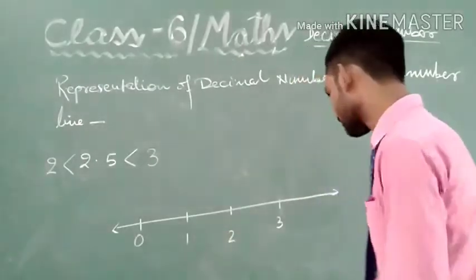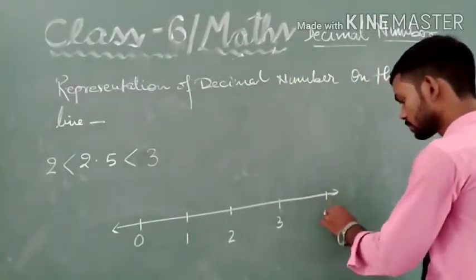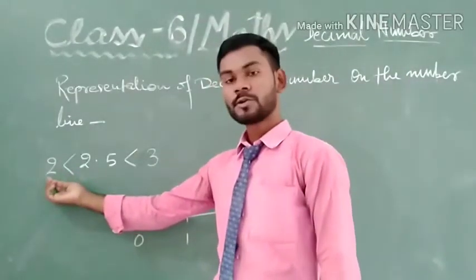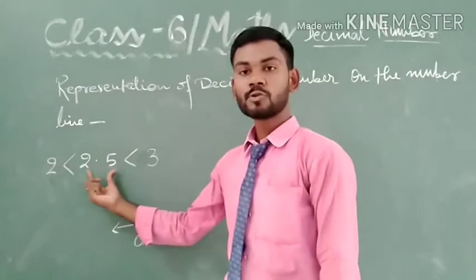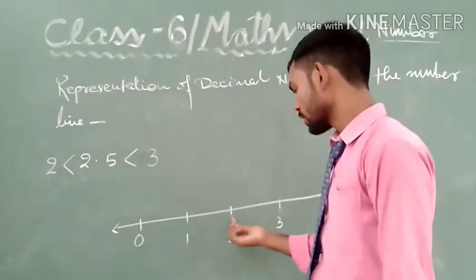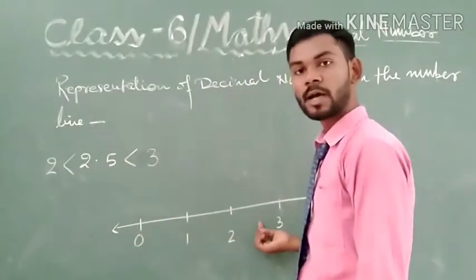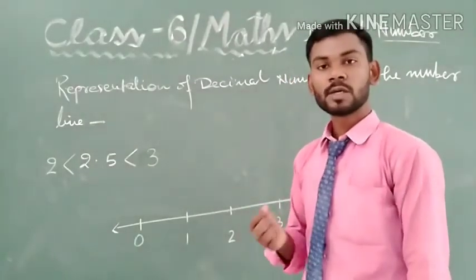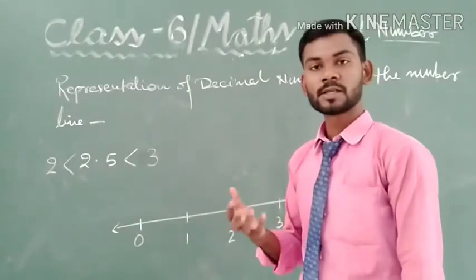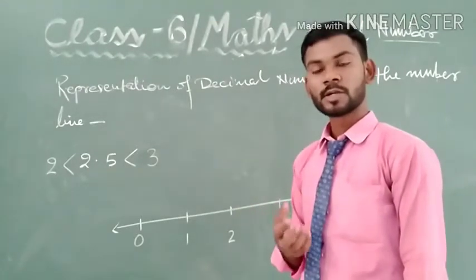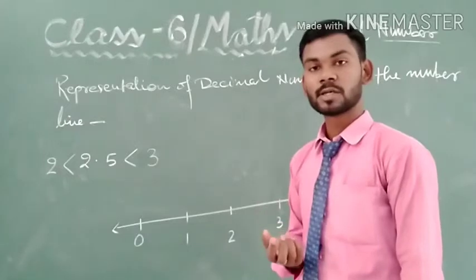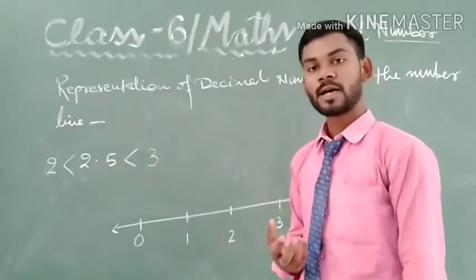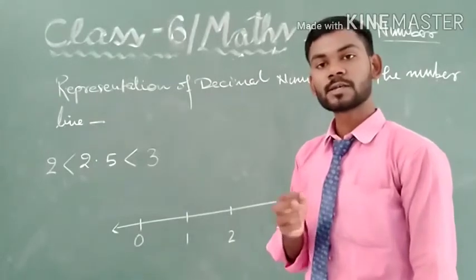Here we can see that 2.5 is greater than 2, which means that 2.5 will lie on the right side of 2. Why? Because on the number line, on moving from left to right, numbers increase continuously.